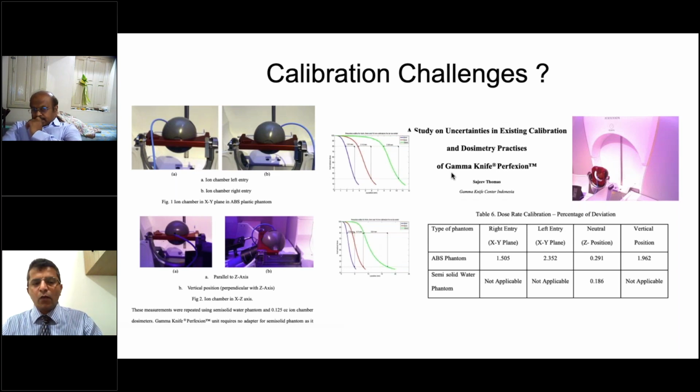That is the reason why we could see this much variation when we make the calibration from different angles. This is a challenging task for many medical physicists, because in some of the previous models given, there are many centers using this calibration. If you look into the calibration publications from many of the radiosurgery groups, this is something which needs more corrections in the coming years. This is what I think from my experience in calibrating this equipment.